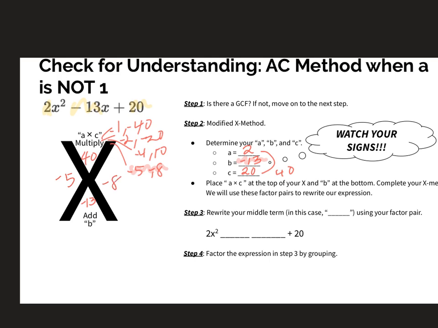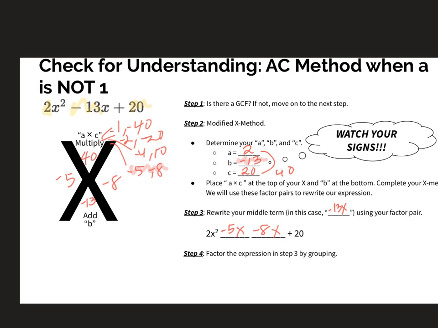Okay, so I can move on to step 3 now that I found my factor pair. I'm going to rewrite my middle term, in this case negative 13x, using my factor pair that I found. So instead of writing negative 13x, I'm going to write 2x squared minus 5x minus 8x. Now I want to factor the expression by grouping. So let's pick blue for my first group.